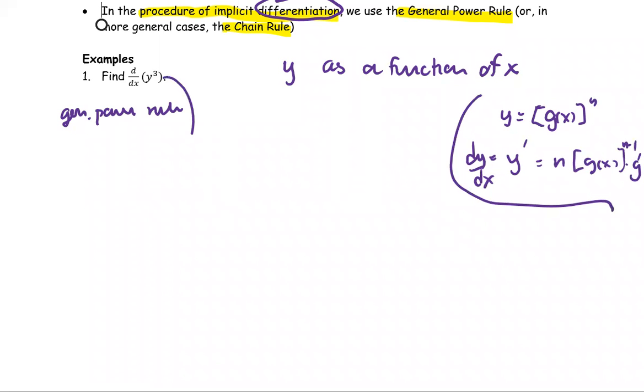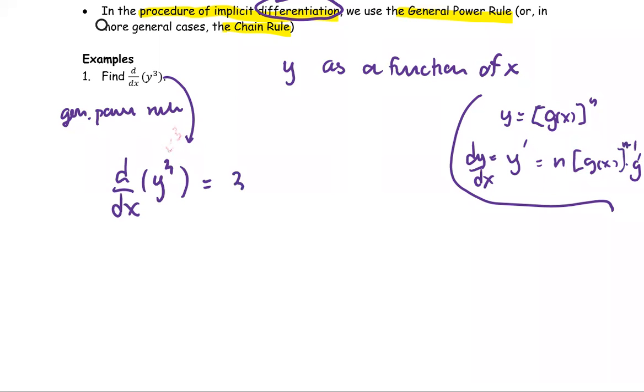In a similar way, now we do not have the obvious form of the g function, or y is not provided in the obvious way or in the explicit way. So when we find the derivative with respect to x of y to the third, it's going to follow the general power rule where n is 3.